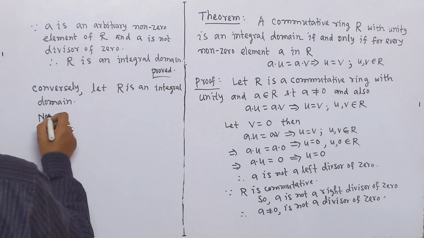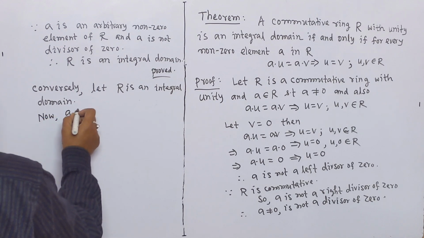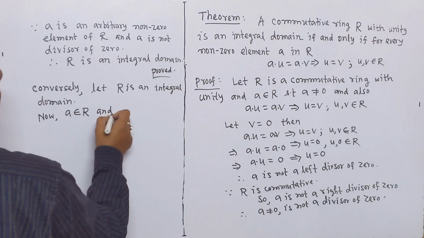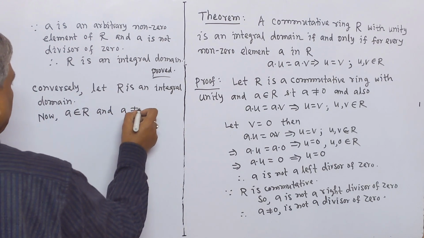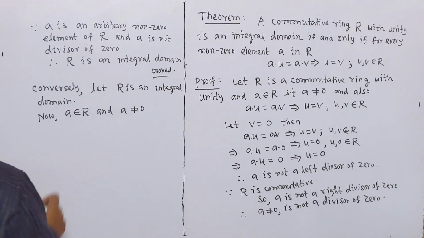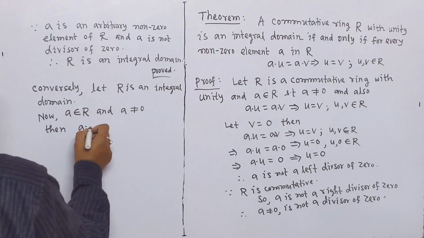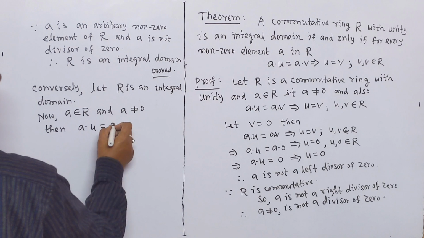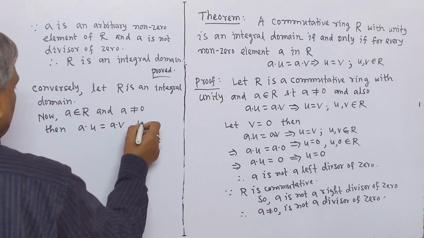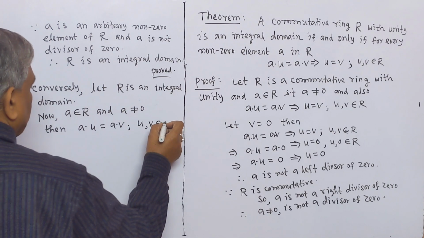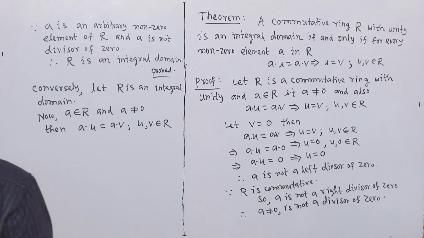Now a belongs to R and a not equal to 0. Then a multiply u equal to a multiply v, u, v belong to R, integral domain.